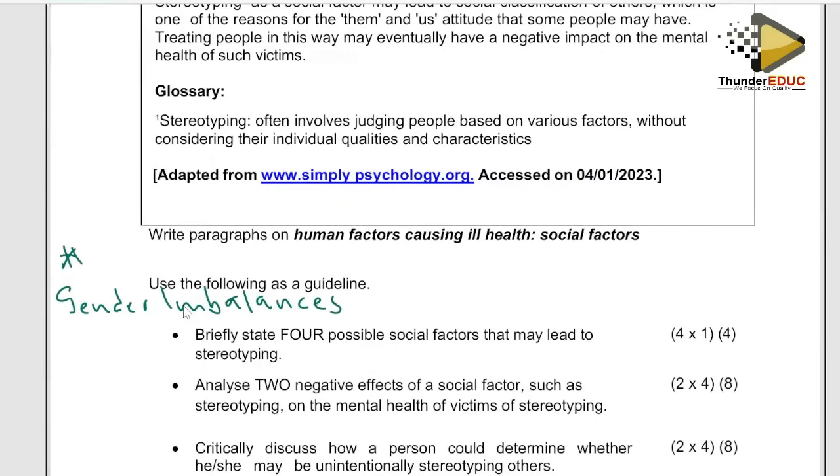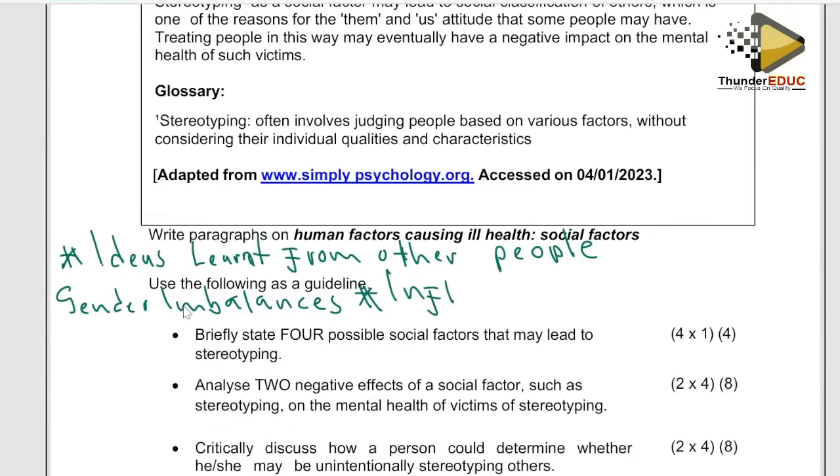Then, in addition to that, we can also say that ideas learned from other people from the community, from our upbringing, also influence stereotypes. Then, in addition to that, we also have the influence of social expectations.